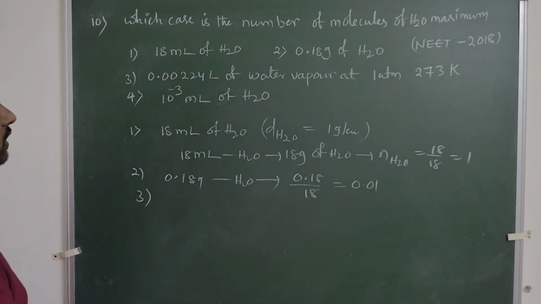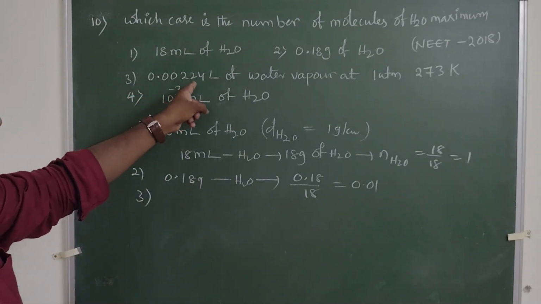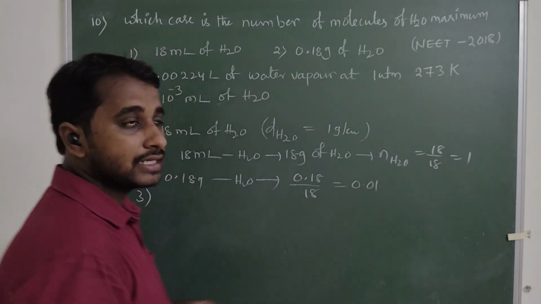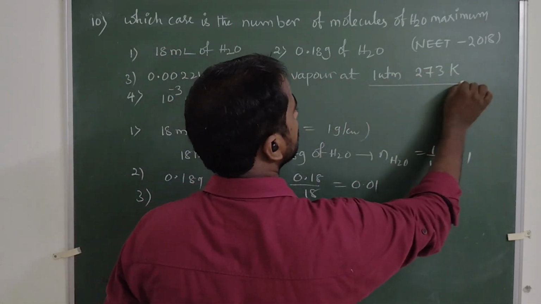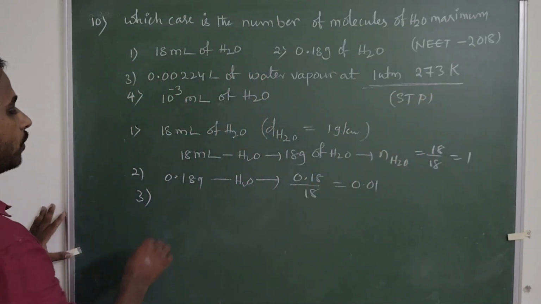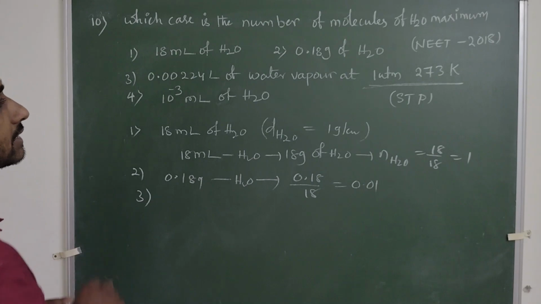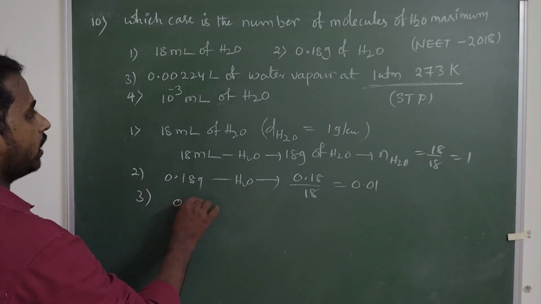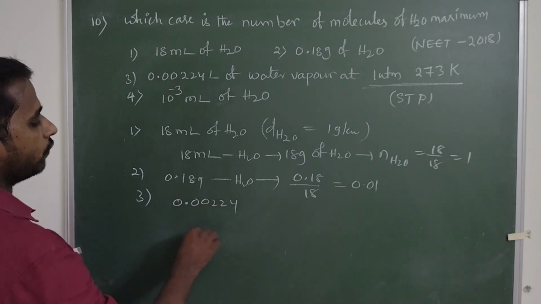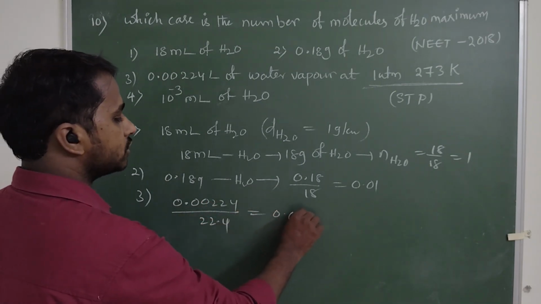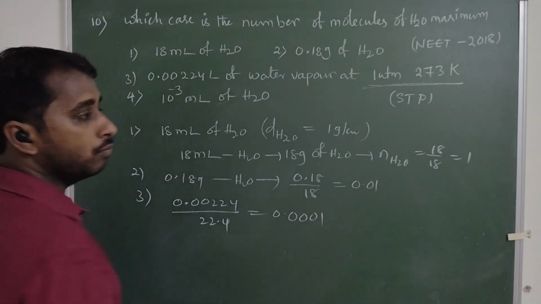Coming to the third one, 0.00224 liters of water at 1 atmosphere and 273 K. 1 atmosphere and 273 K is nothing but STP. So 0.00224 liters of water vapor means how many moles? 0.00224 by 22.4 liters, it is 0.0001 moles.